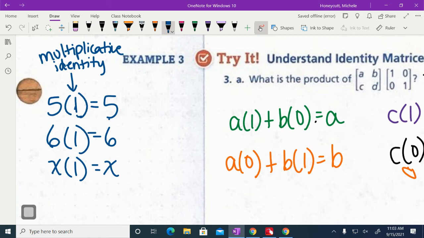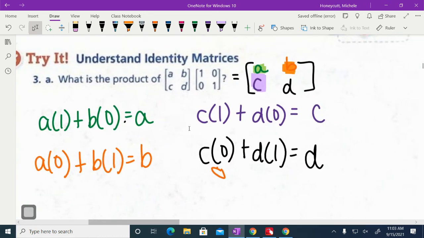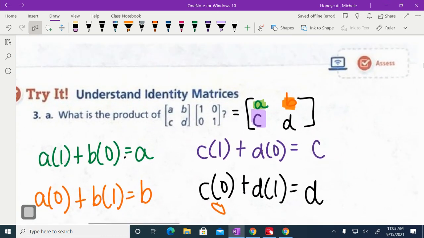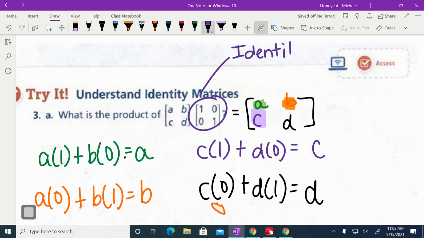Well, with matrices, instead of having one number, we have a matrix. So if I want to multiply a matrix by something else and get that same matrix, I need to multiply it by the identity matrix, which is 1, 0, 0, 1. This is called the identity matrix. No, it's got to be ones and zeros from left to right.